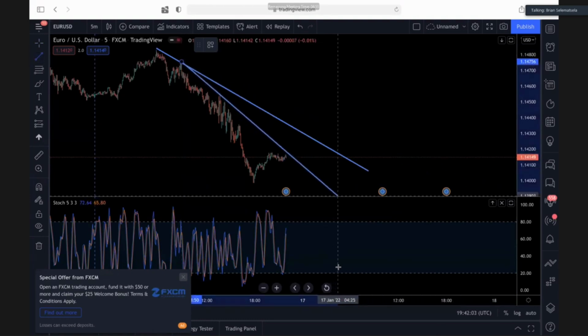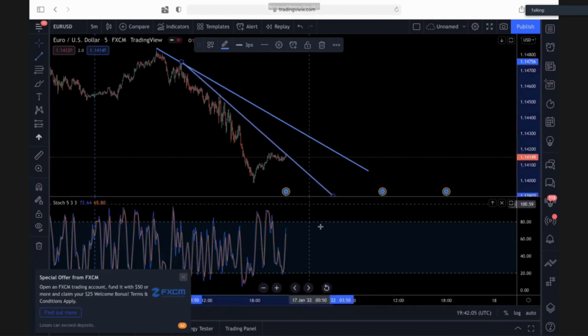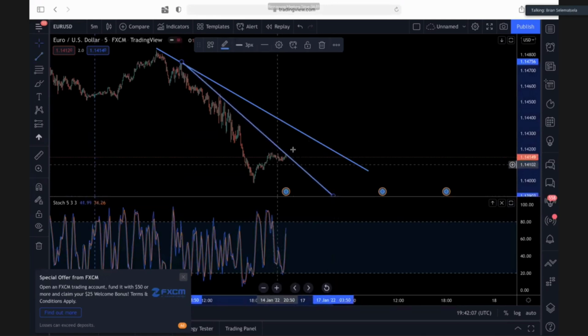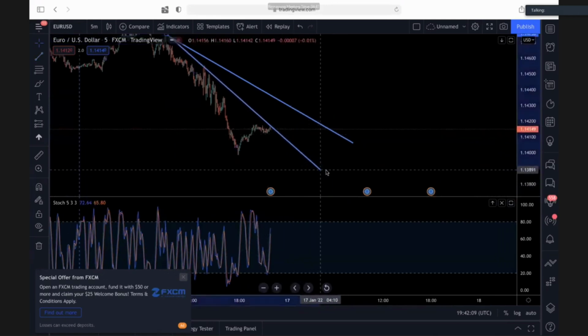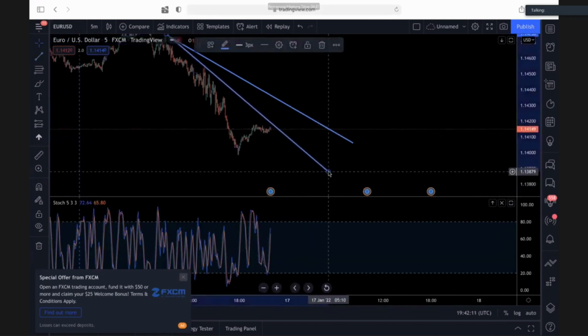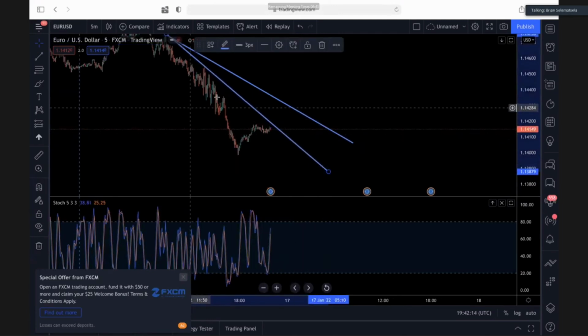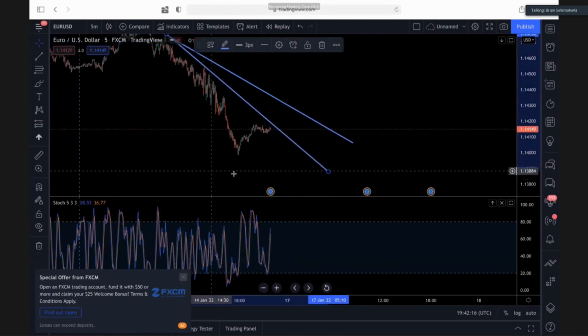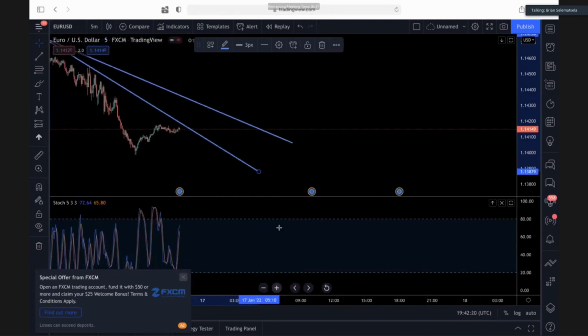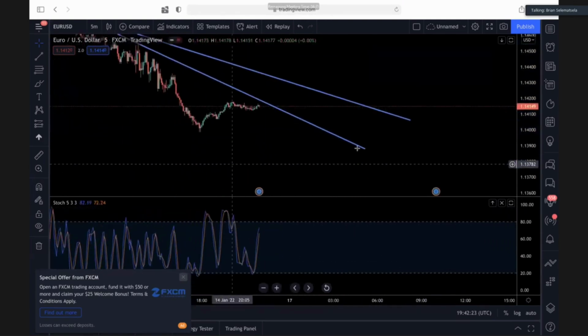Why are we waiting? We're waiting for the breakout of that. But so far, it has to go up. The reason I'm saying that is because I'm already seeing divergence.